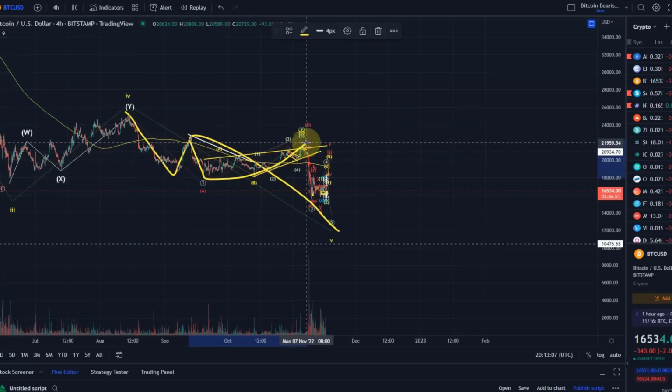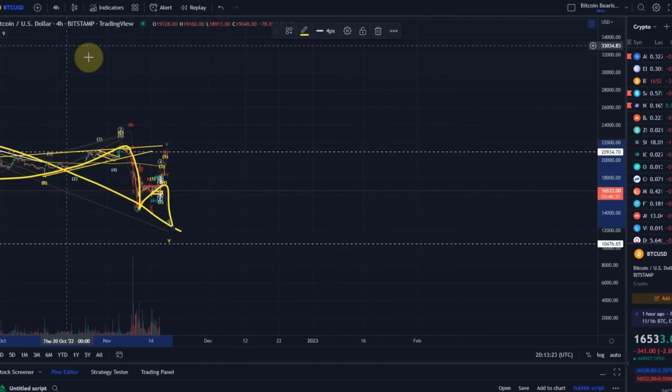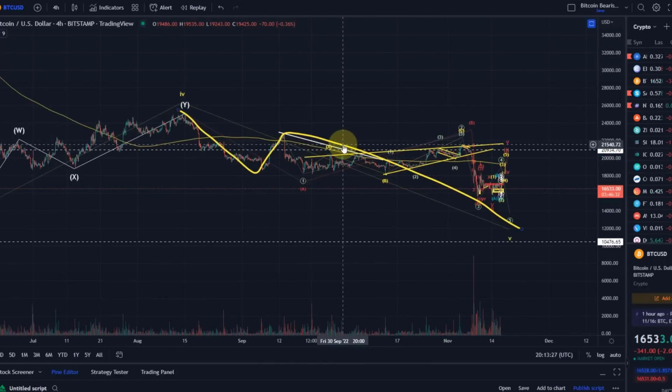That was the high here early in November. Instead of counting it as a wave B as in the red count, in the green count we can count it as a wave 2. And then we've come down in a 3. We are now moving up in a 4 and will come down in another wave 5, maybe into the region of around 14 to 15K.